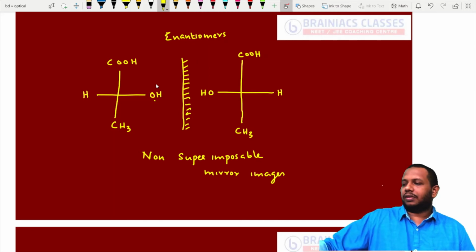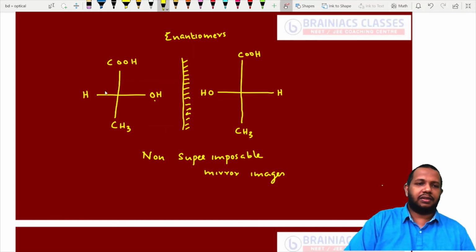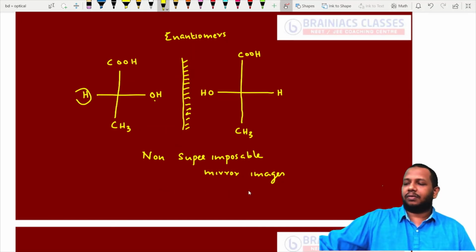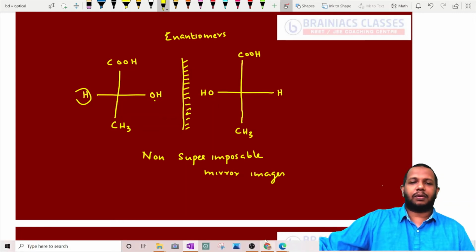Now let's see more examples. If you see their optical activity, they have different valencies satisfied here. So we can note down one of the important properties of enantiomers.